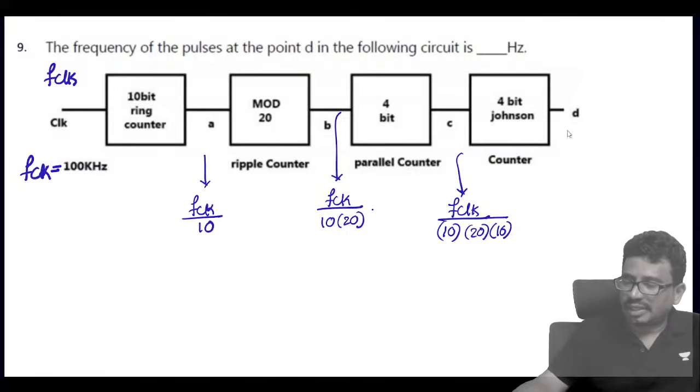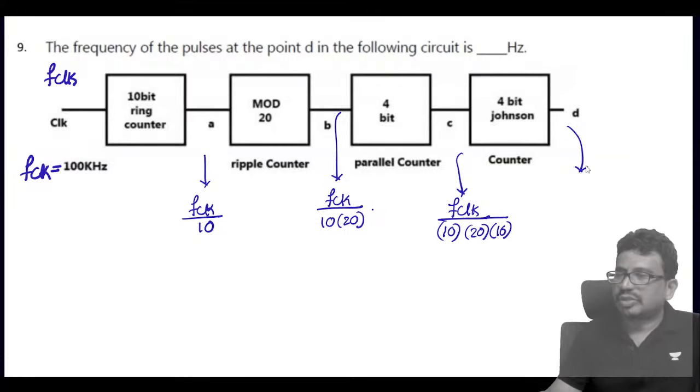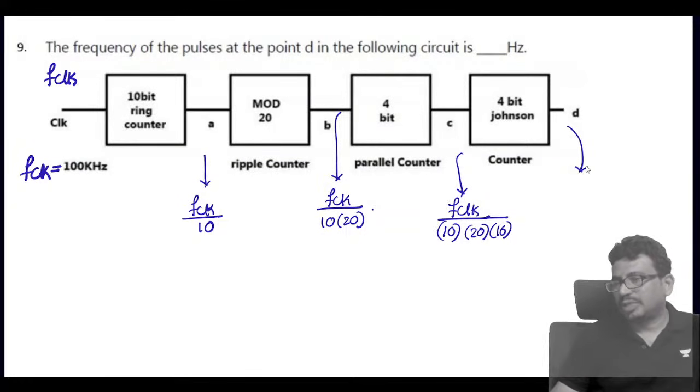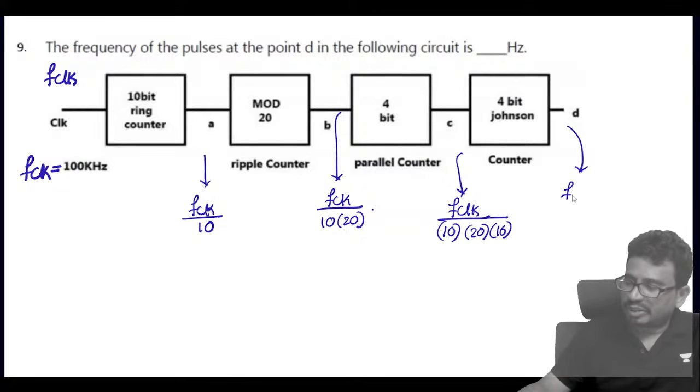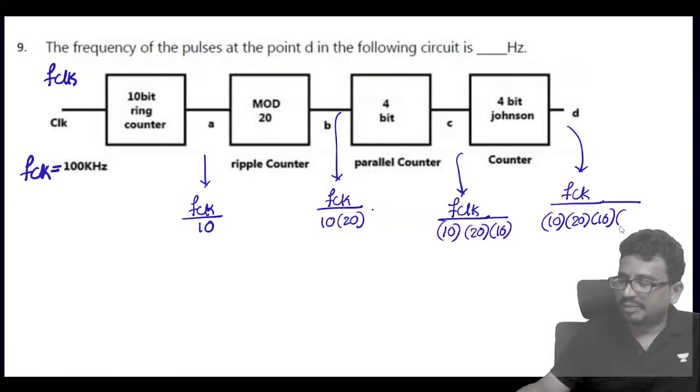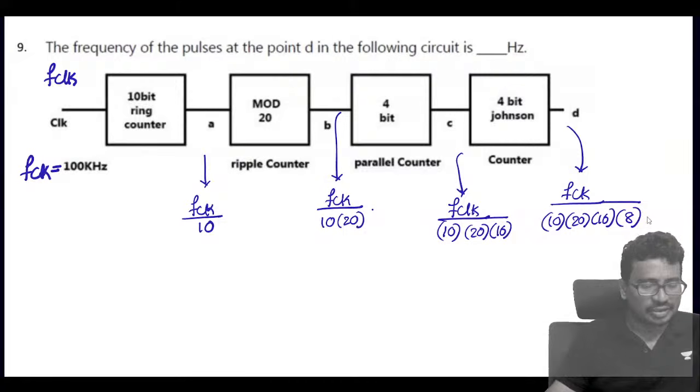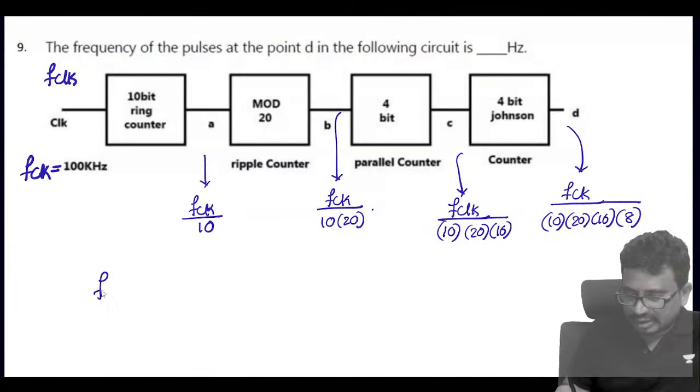And here this is the Johnson counter, whose mod number is 2n, so f clock by 10 into 20 into 16 into 2n, which is 8.